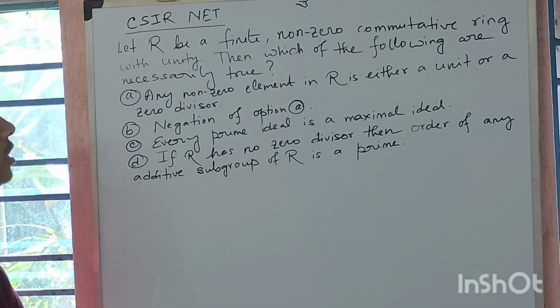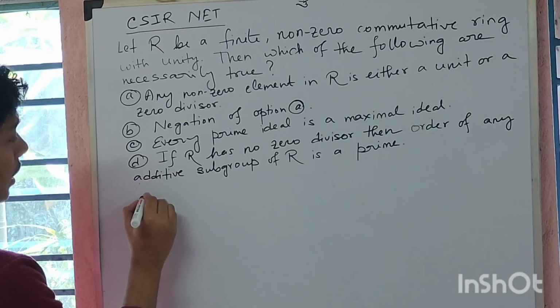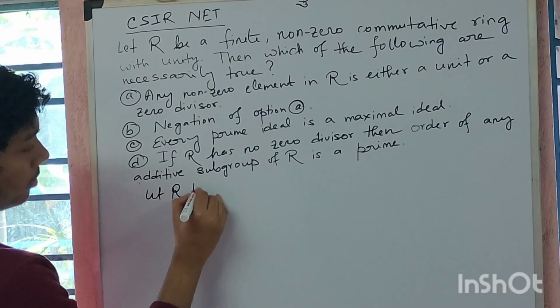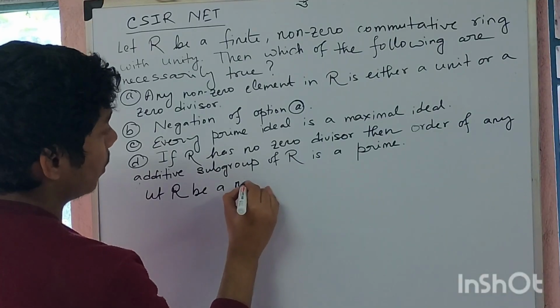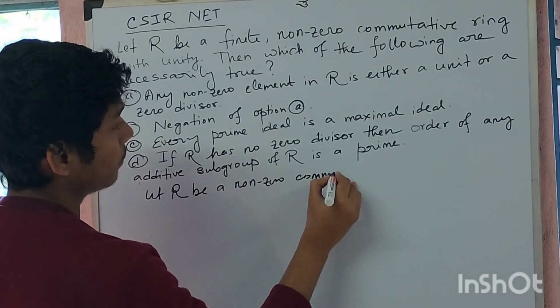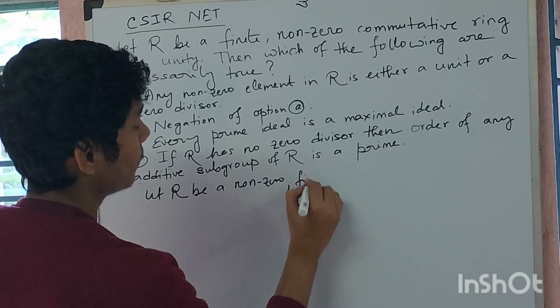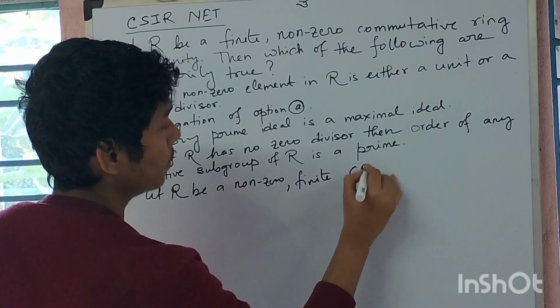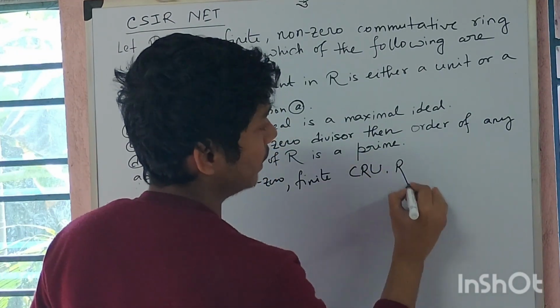Okay. So for the first option, let R be a non-zero commutative finite ring with unity.